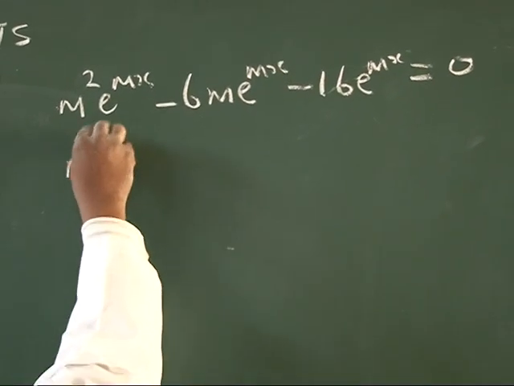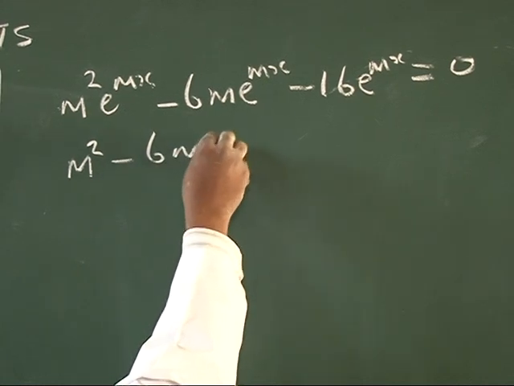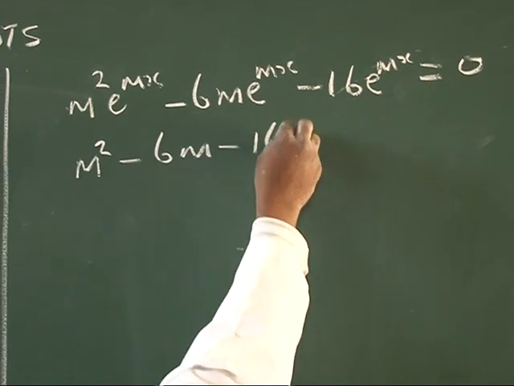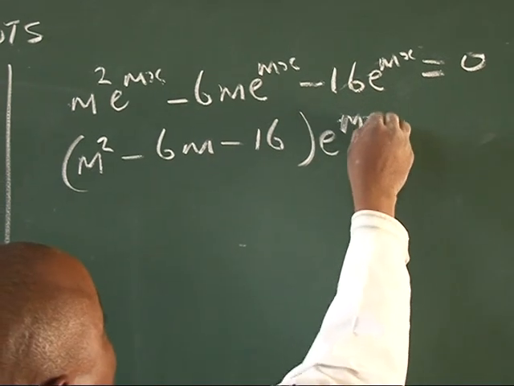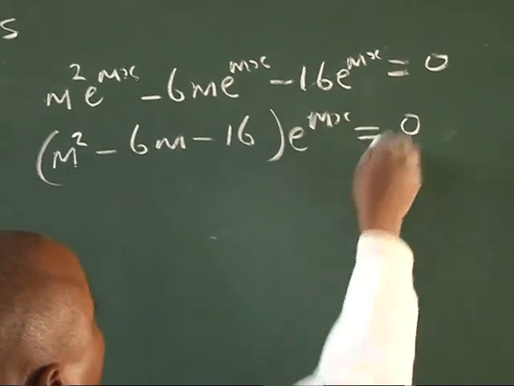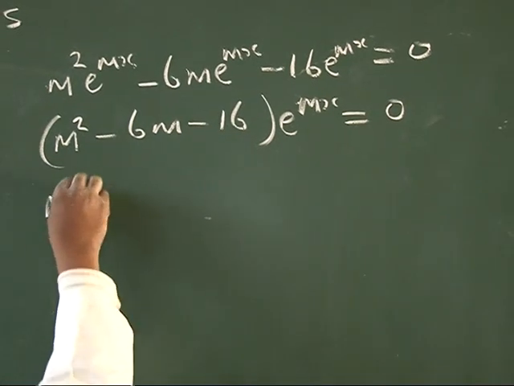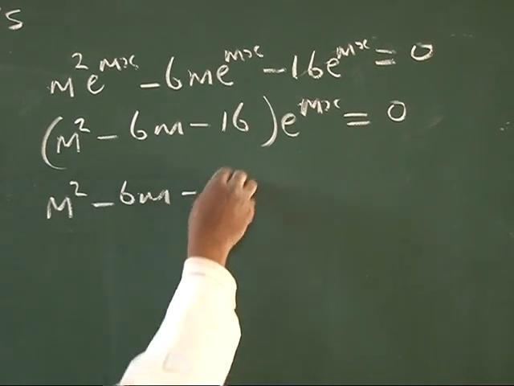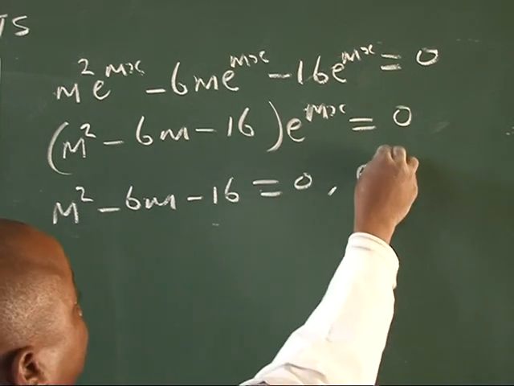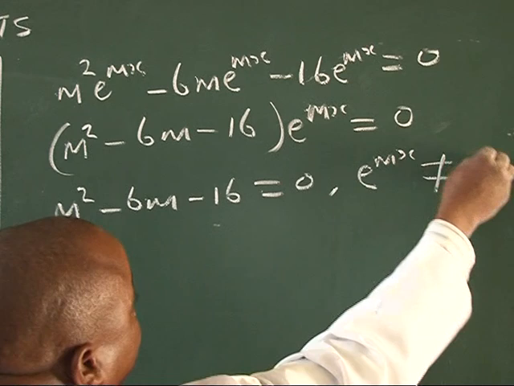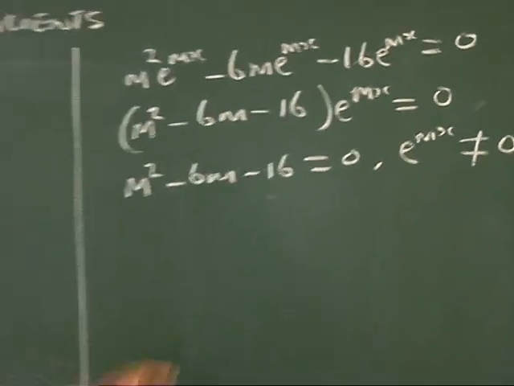So that m squared minus 6m minus 16, times exponential mx, is equal to 0. Exponential mx is not equal to 0, so m squared minus 6m minus 16 is equal to 0.